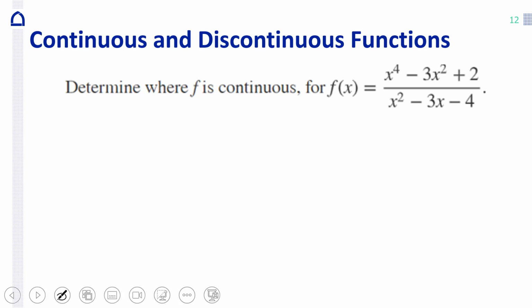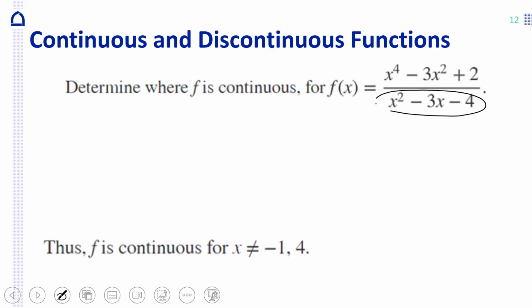Now again, how can we do this one? At x equal to -1 and 4, we have a problem, because you can factorize this as we have done last time. Because we have a negative here, we have one negative and one positive. The 4 must be factorized into two numbers with difference equal to 3, one positive and one negative.